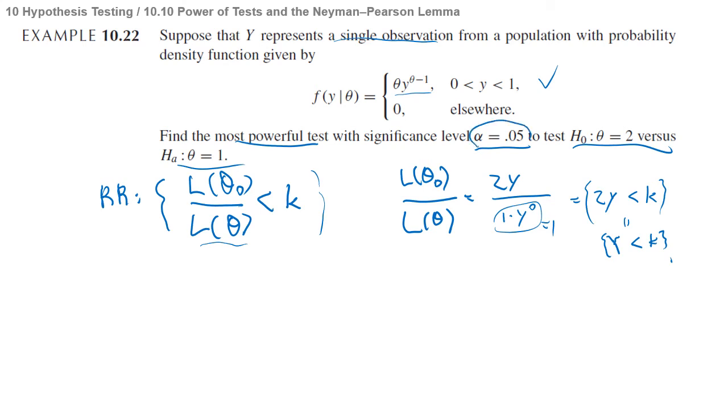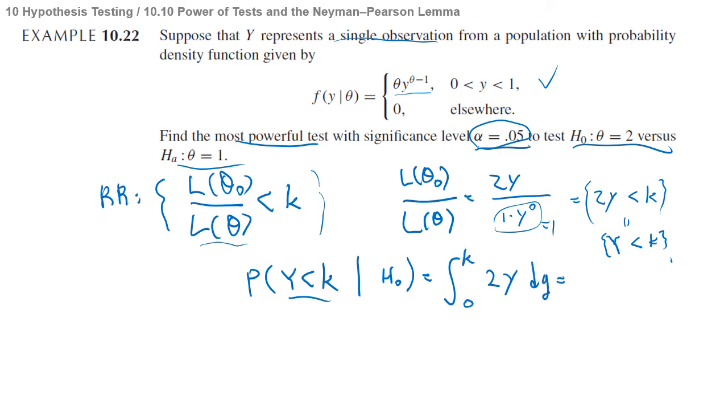We know that the significance level is alpha, so the probability of rejecting the null, that is y is less than k, given the null situation where the density of y is 2y, is the integral from 0 to k of 2y dy.